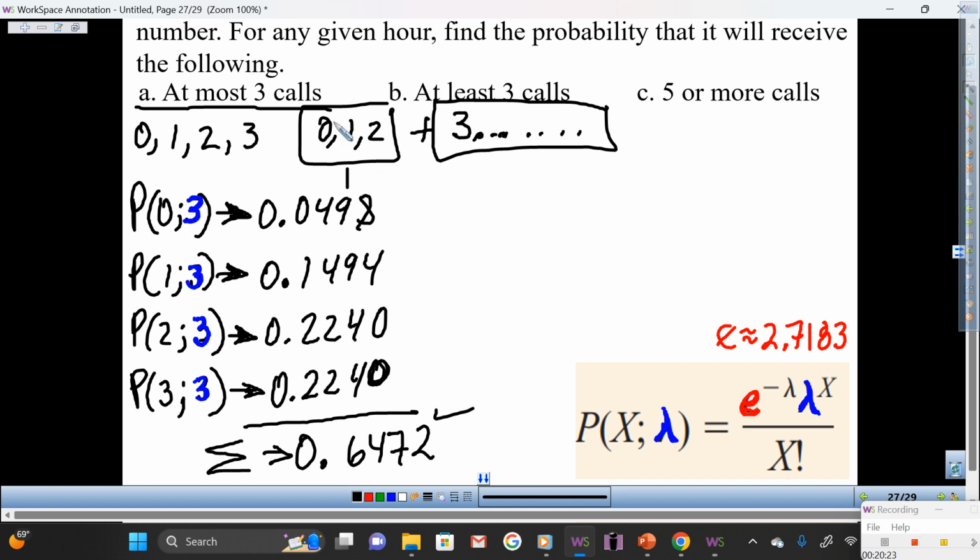So we get P of 0, 1, 2, and then subtract that from 1. 1 minus P of 0, 1, and 2, and that should give us the probability of at least 3 calls. Let's go!